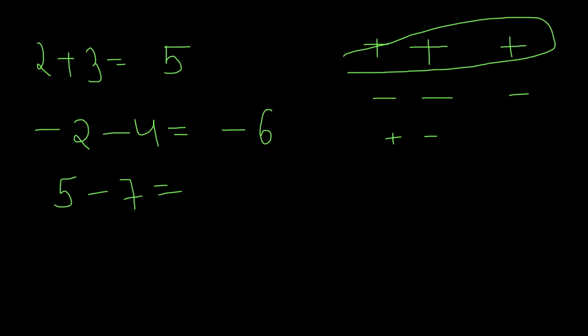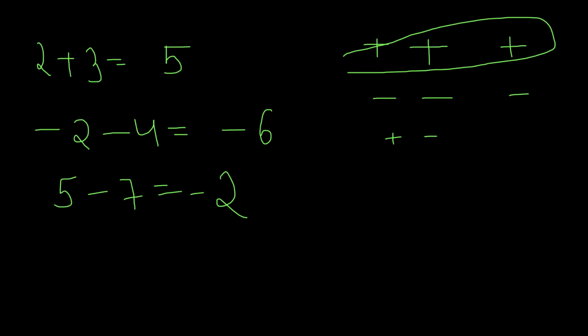The difference between 7 and 5 is 2, but here the absolute value of minus 7 is greater than the absolute value of 5. So the sign will be that of the integer which has the greater absolute value. So it will be minus 2.